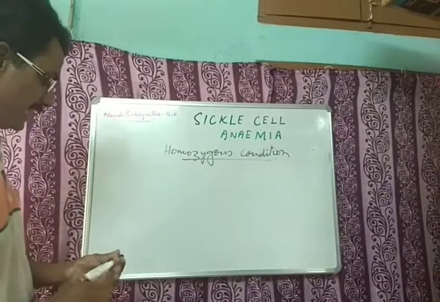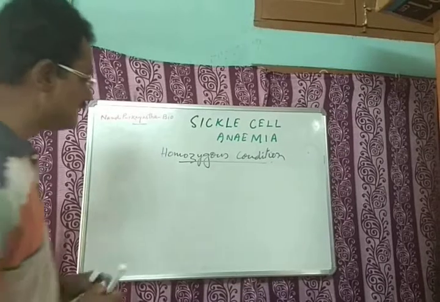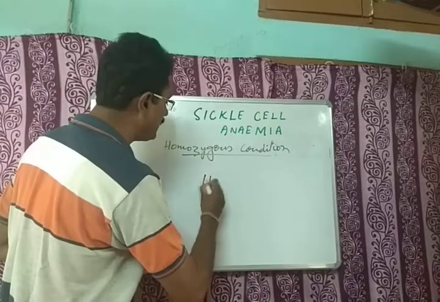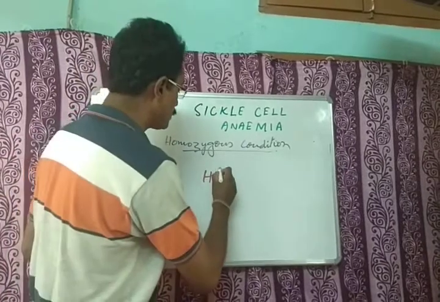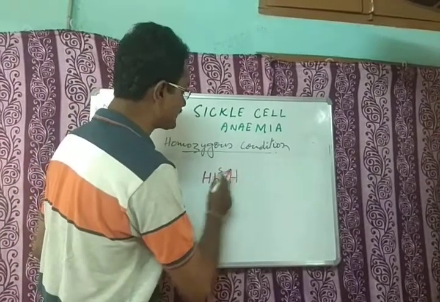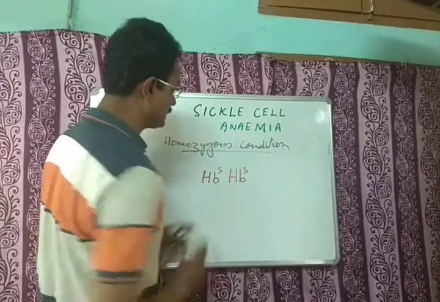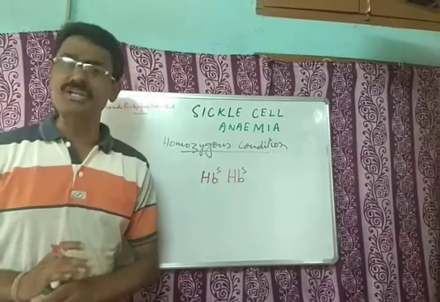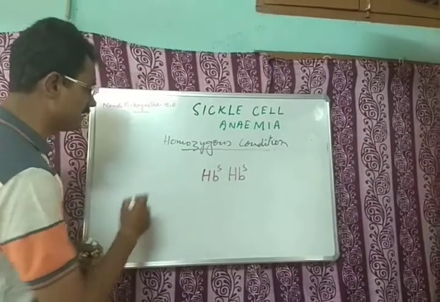If I write sickle cell anemia, in that case what happens? HB is the blood, so it needs to be HBS, sickle cell. HBS, HBS. So it needs to be in this condition. This is called homozygous. What is the heterozygous condition then?